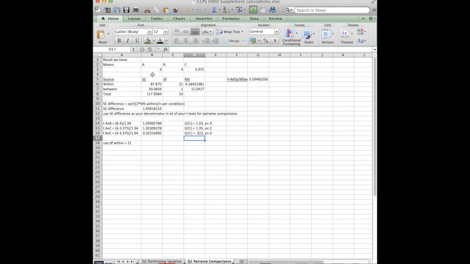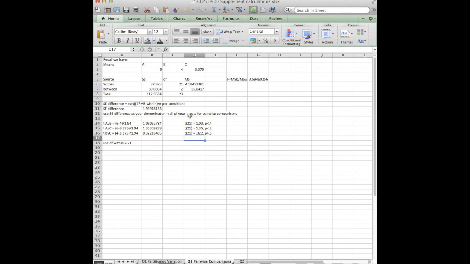So remember that we had the means A, B, and C, so 6 for A, 4 for B, and 3.375 for C. And then this is just reproducing the work that we had on the previous tab. So this would be an example of an LSD. And I just chose to do an LSD because it's the simplest.